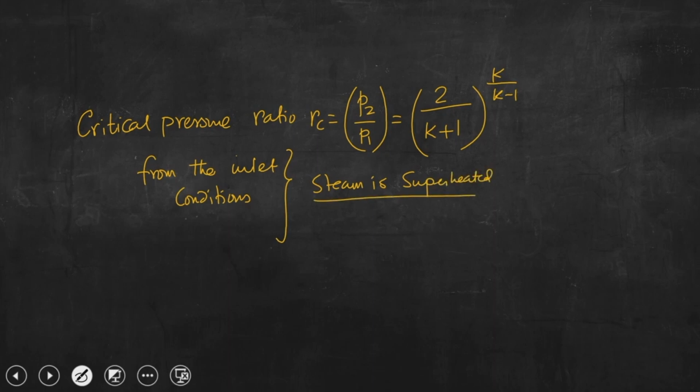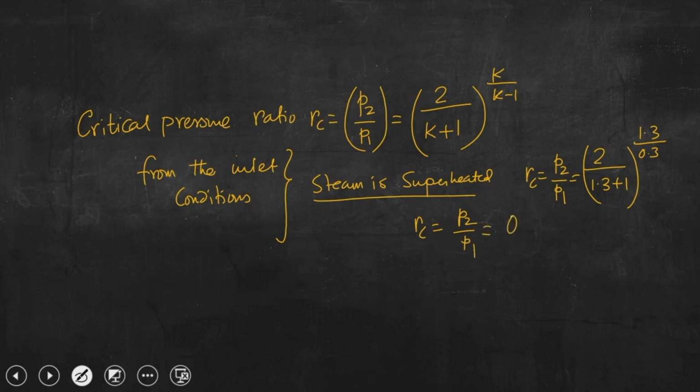So, K equal to 1.3, then RC equal to P2 by P1 equal to (2 by 1.3 plus 1) power (1.3 by 0.3). If we do this calculation, you will get RC equal to P2 by P1 equal to 0.5457.